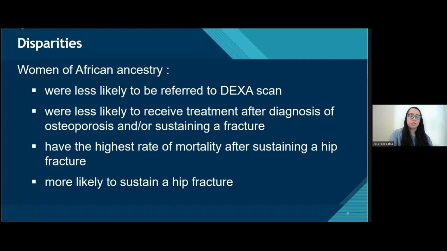But if you look at the data for Medicare beneficiaries from 2010 to 2016, it seems like the population of individuals has shifted. During that time, women of African ancestry were more likely to sustain a hip fracture than any other group. So the population that this disease is affecting most significantly is definitely shifting.